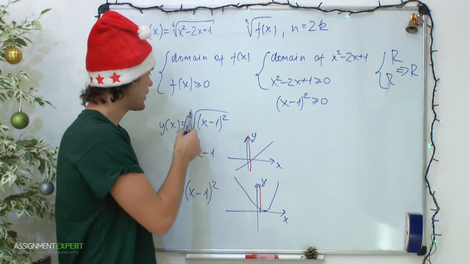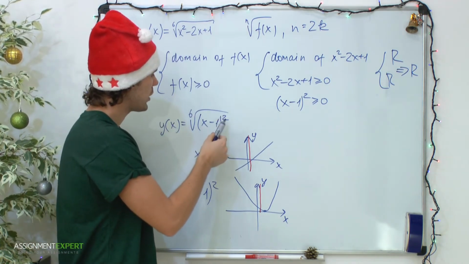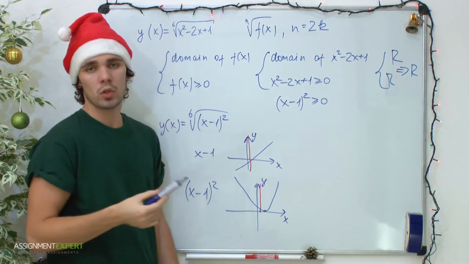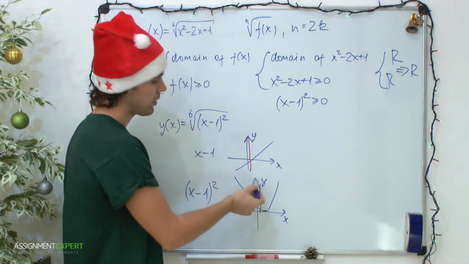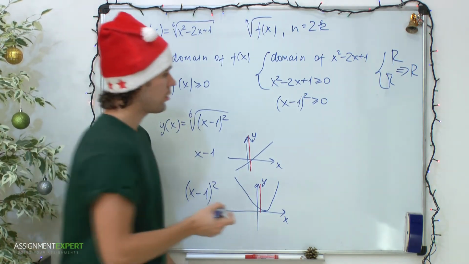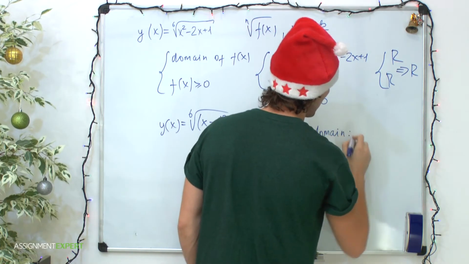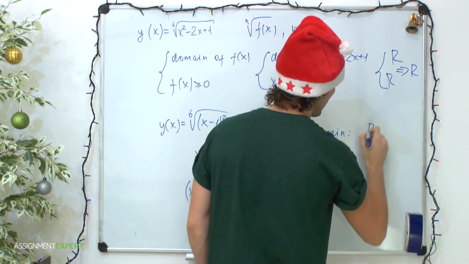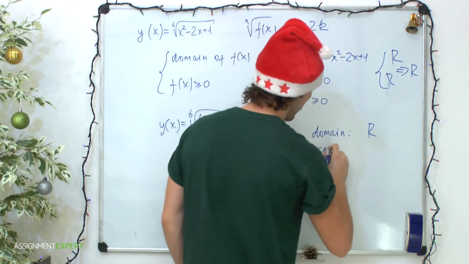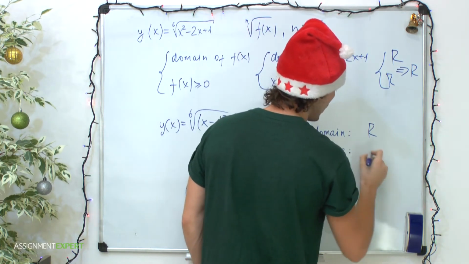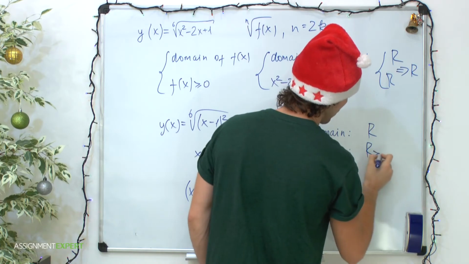And as we have the sixth root of x minus 1 squared, this function can also take any value from 0 to plus infinity. So the result is that the domain of our function is the whole set of real numbers, and the range of our function is the set of non-negative real numbers.